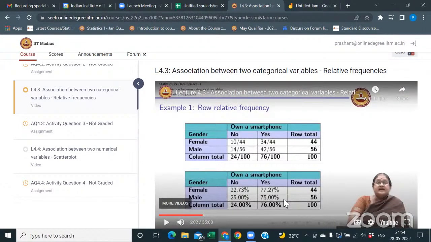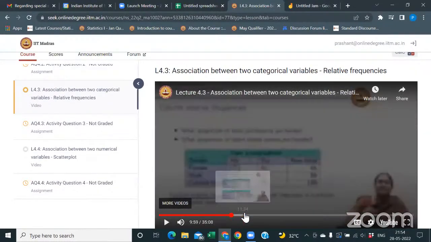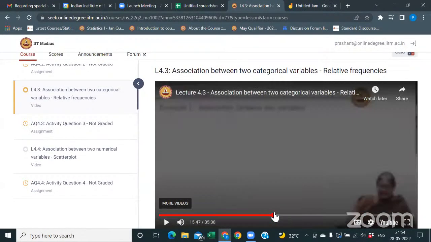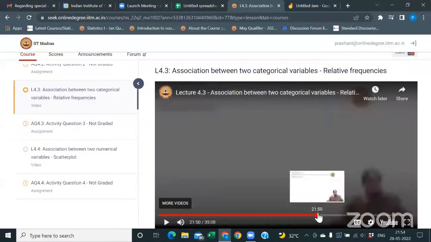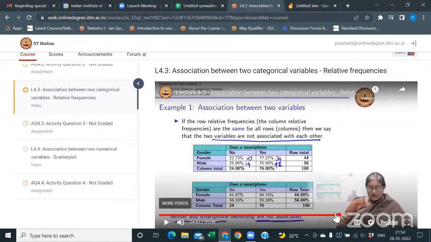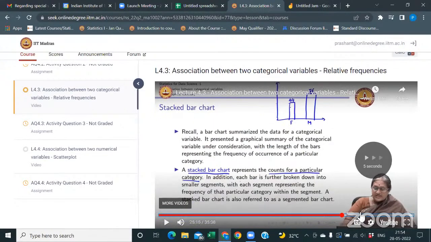Okay, see, from the data, this is something. Let me come on the chart. Chart is the most better. You know stacked bar chart? Yes, sir, that is clear. That is something from where you can get the idea.